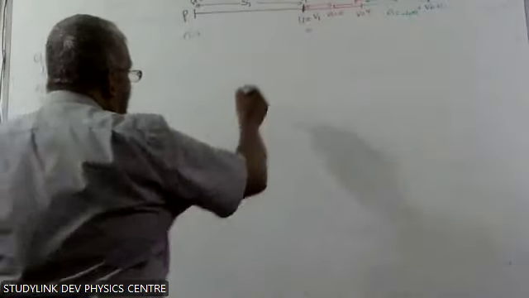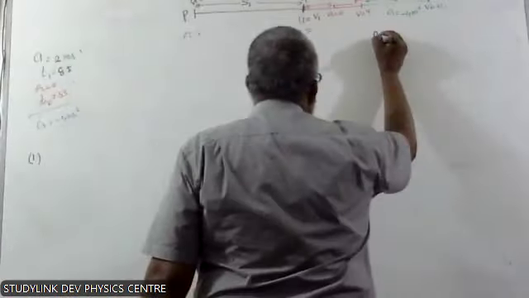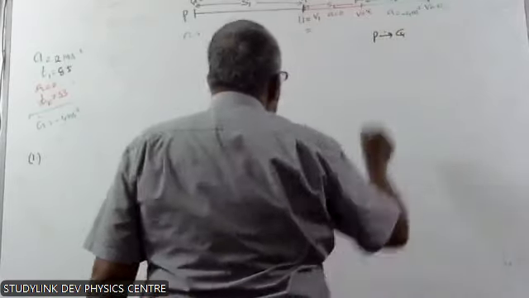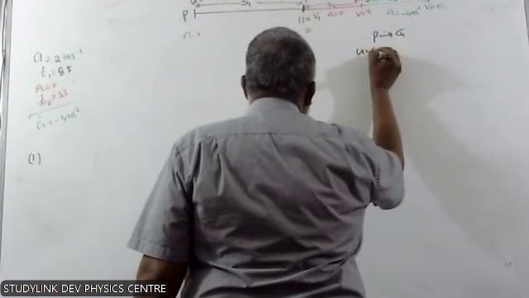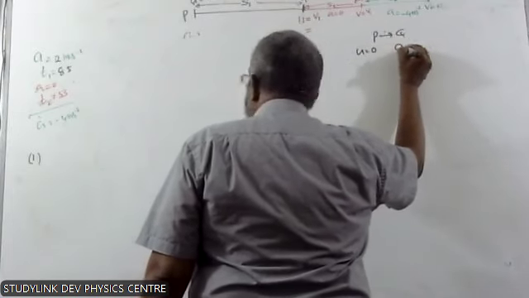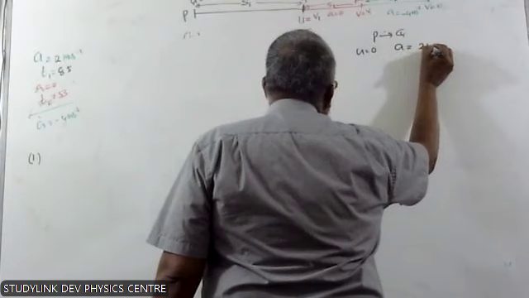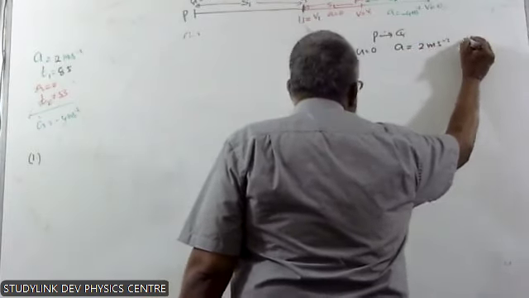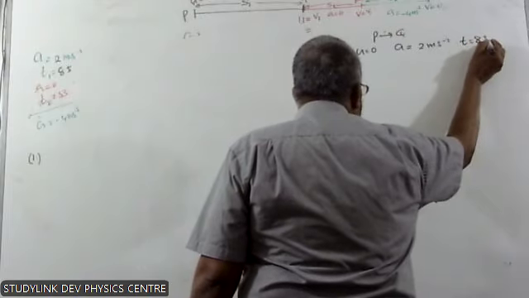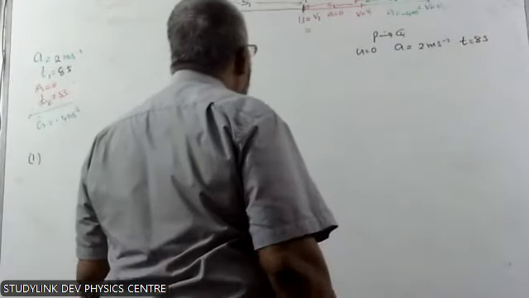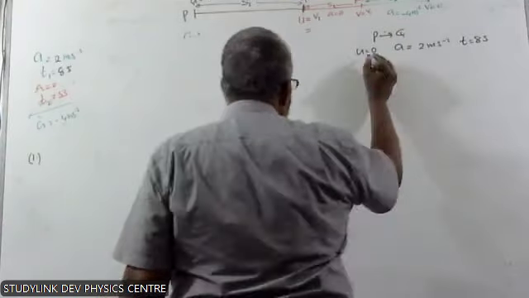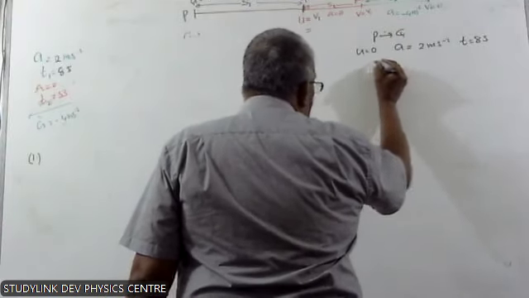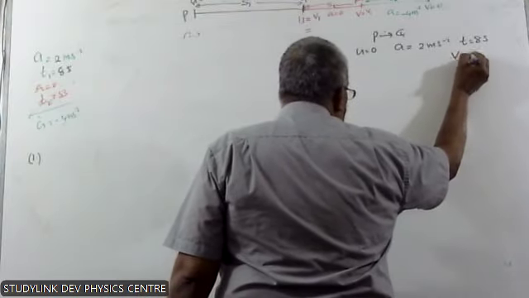Then we can do like this. First journey, P to Q, black part. Then u is equal to 0. A is equal to 2 m/s². Then t is equal to 8 seconds. Then we are getting V. We want to find V. V is equal to V1.